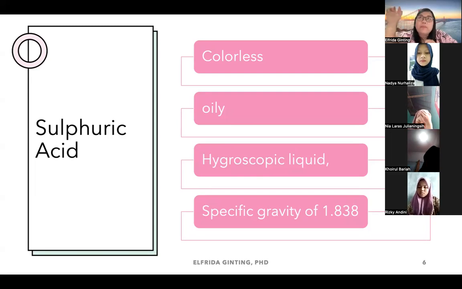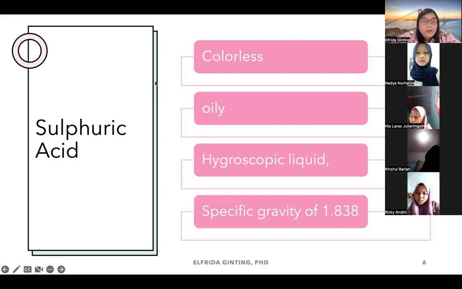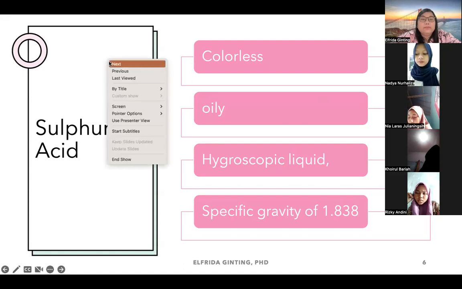If you compare it with sulfuric acid, sulfuric acid is not as clear as water. And if you use a stirring rod to mix it, you can see that the sulfuric acid is more dense compared to water. Okay, so these are the physical characteristics of sulfuric acid.